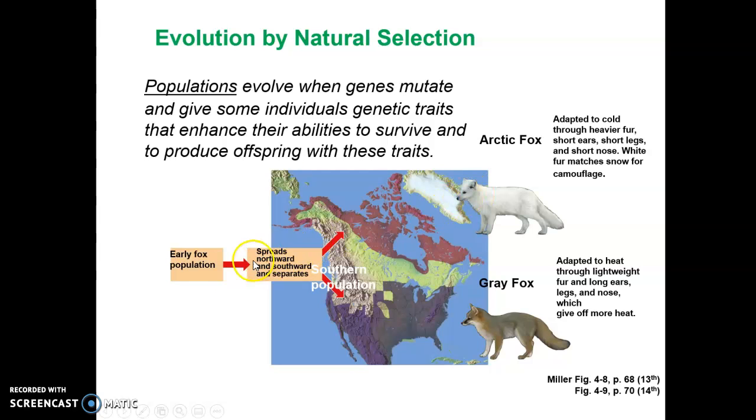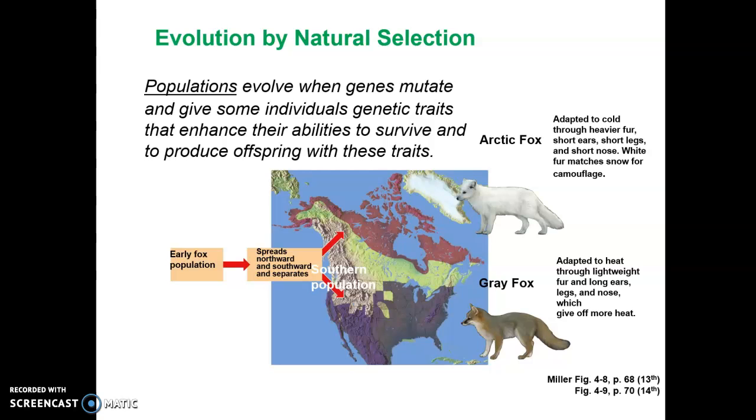There were foxes in that early population that coded for these other traits, like here, but they would most likely have been preyed upon by predators or unlikely to survive because they would lose too much heat to the environment.